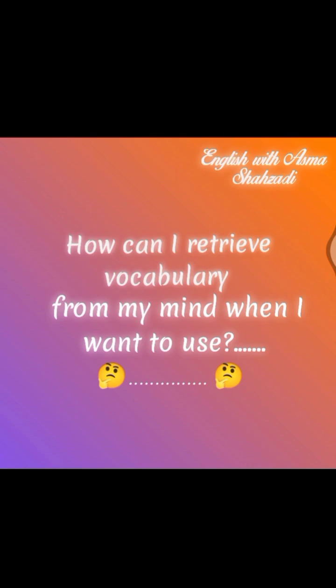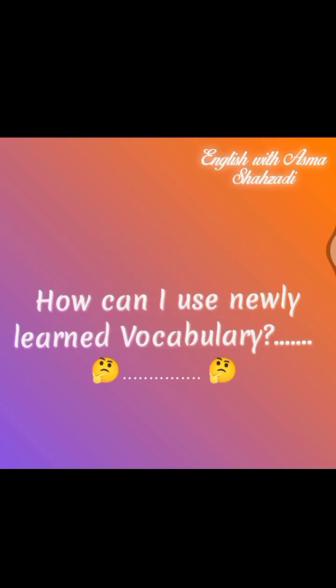Now, after making many examples over just one word, you have memorized how to use that vocab, and in any situation, if you want to use it, your mind will automatically tell you. So, in this way, you can learn a new vocab.